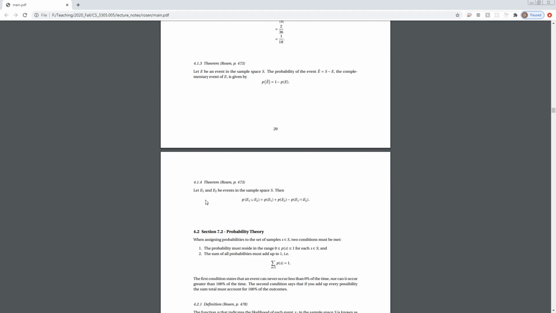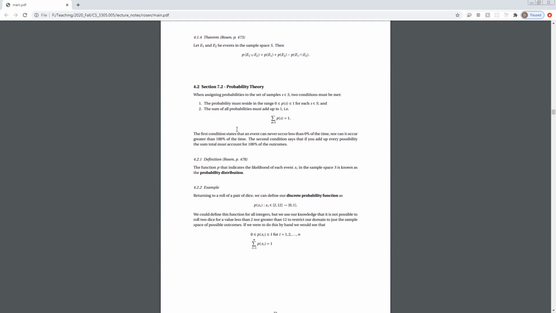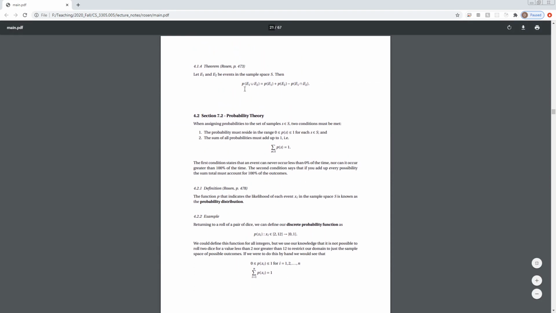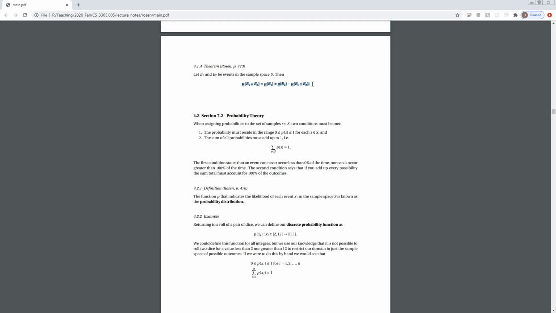Okay. And then this is the application of the subtraction rule, which is kind of why I wanted to stop there last time. Let's come back to see it.